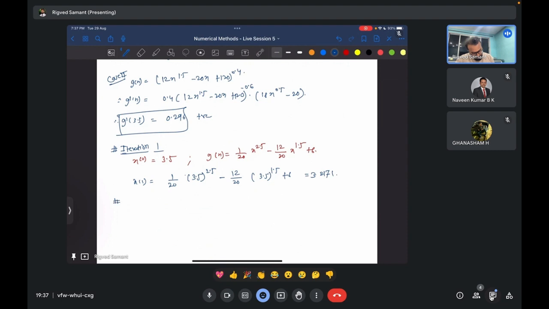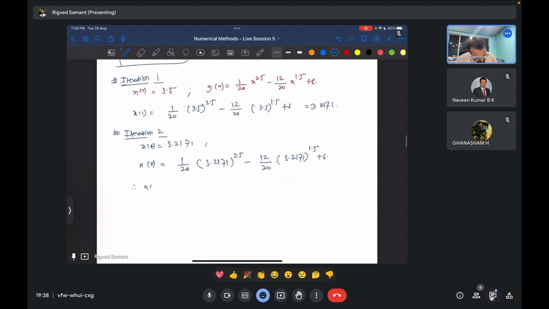Now for iteration 2, x of 1 is 3.2171 and x of 2 would be 1 divided by 20, 3.2171 raised to 2.5 minus 12 divided by 20, 3.2171 raised to 1.5 plus 6.